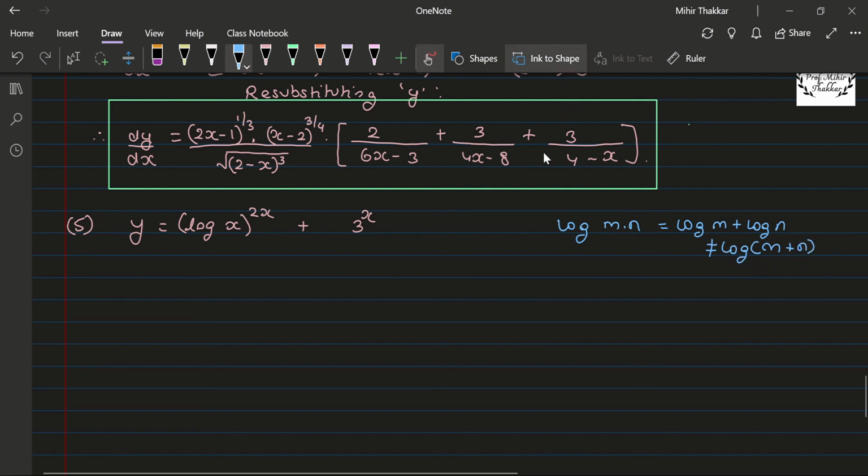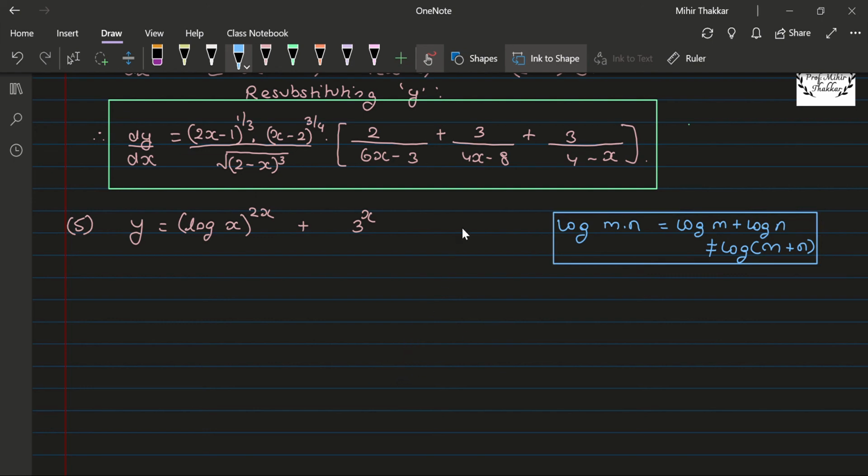Now because this does not work, I cannot take log directly in this particular kind of a sum. So what I have to do over here is separate the terms by assuming a first term and a second term.